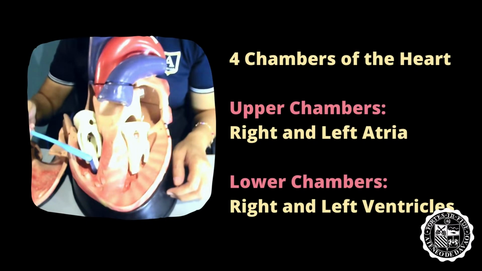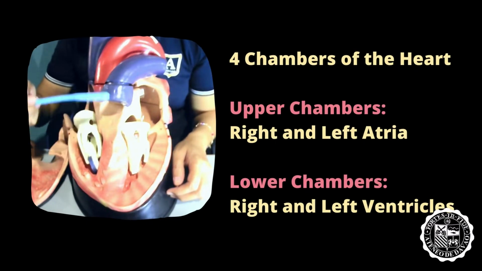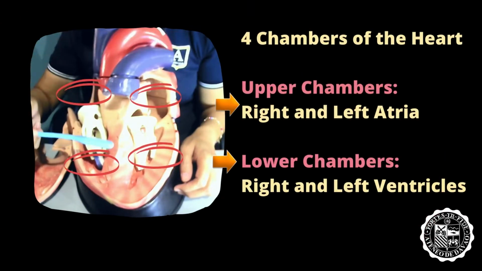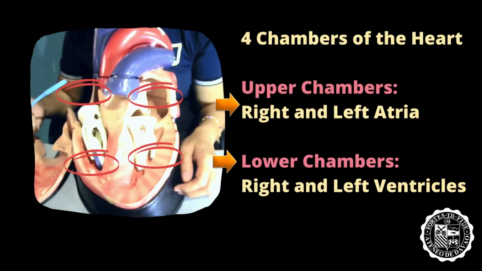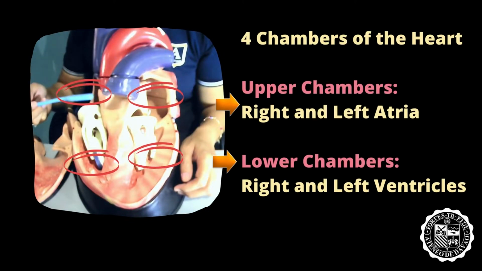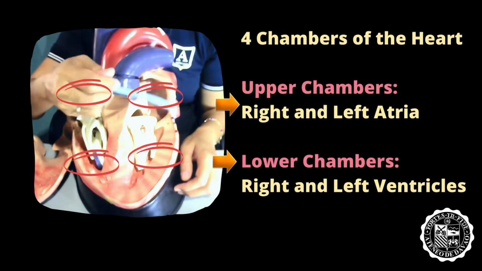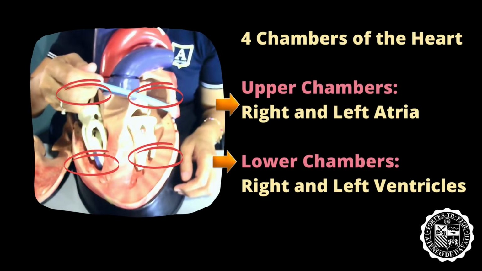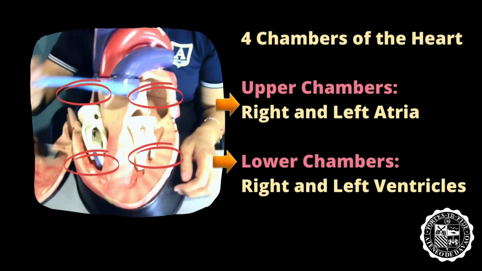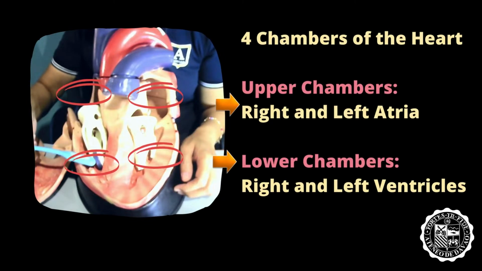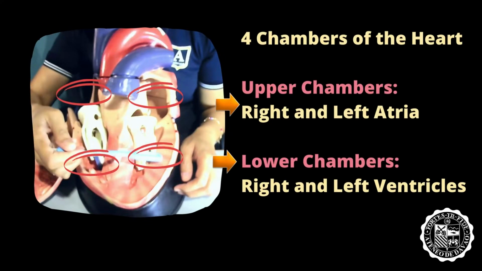They are separated by a septum. Again, there are 4 chambers inside the heart: the right atrium and the left atrium, and in the lower chambers the right ventricle and the left ventricle.